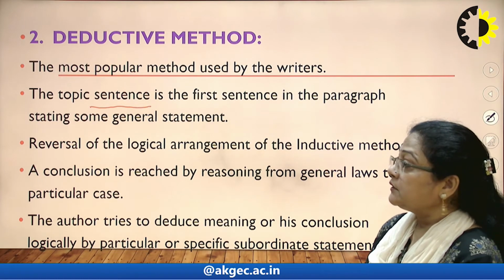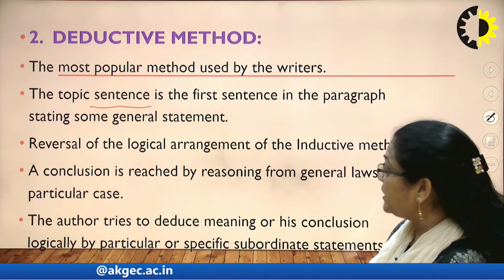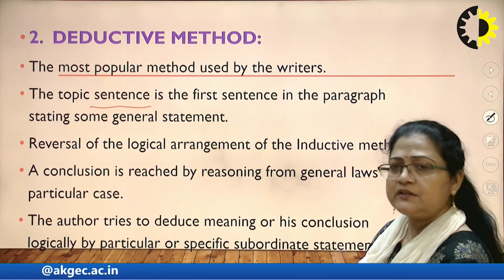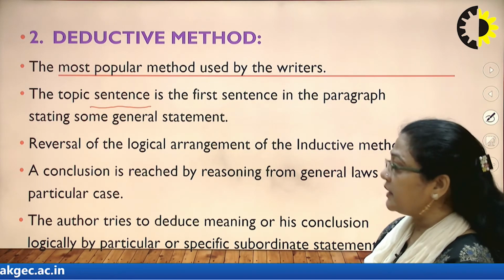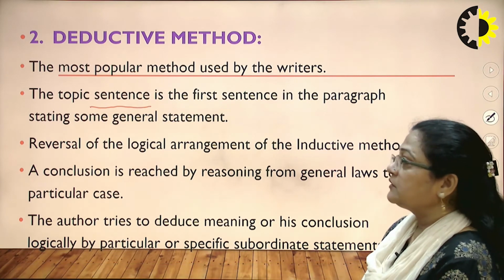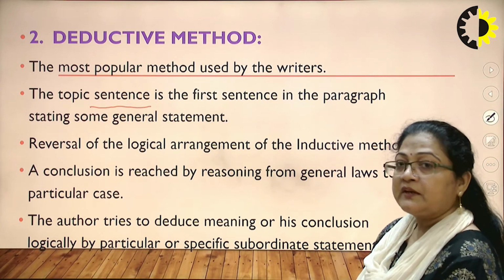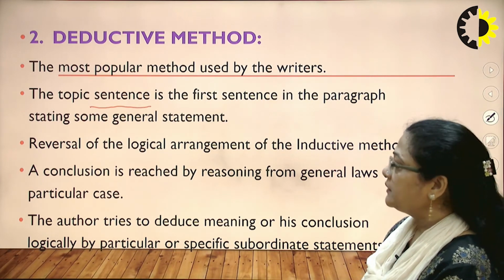So, it is the reversal of the logical arrangement of the inductive method. It is just opposite to the inductive method where topic sentence comes at the end. Here topic sentence starts the paragraph. So, this is a very obvious difference between inductive and deductive method.